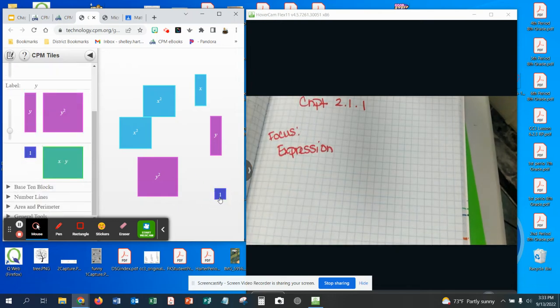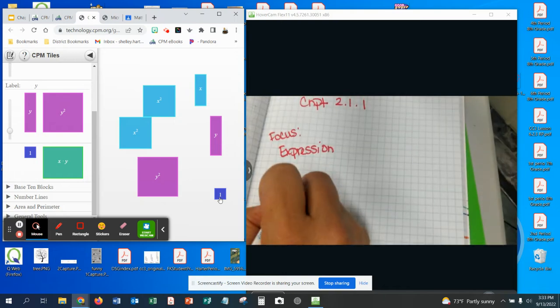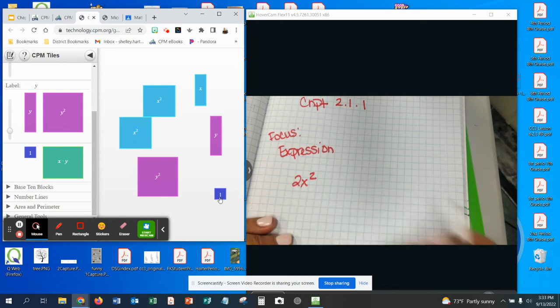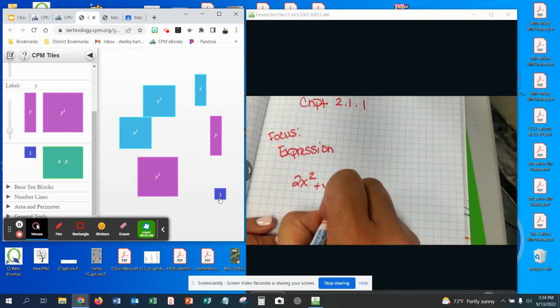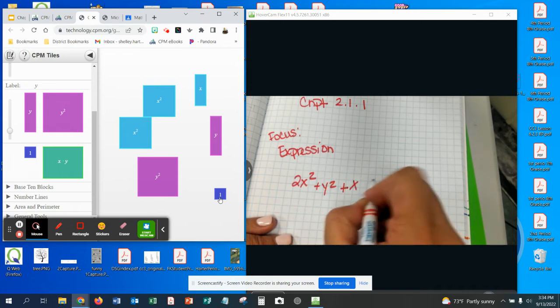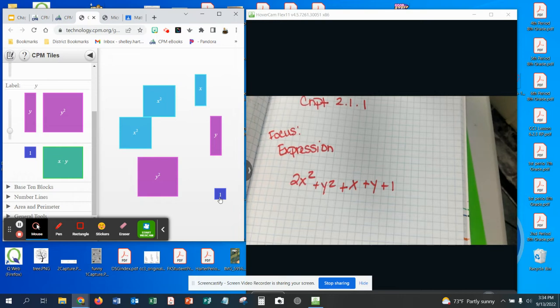Well, we want to rewrite that in an expression. So the way we are going to write that is 2x squared plus y squared plus x plus y plus 1. Bing, bing, bing, yay.